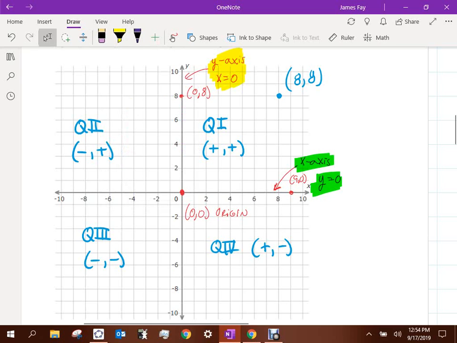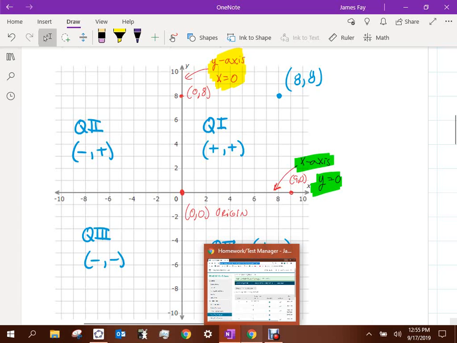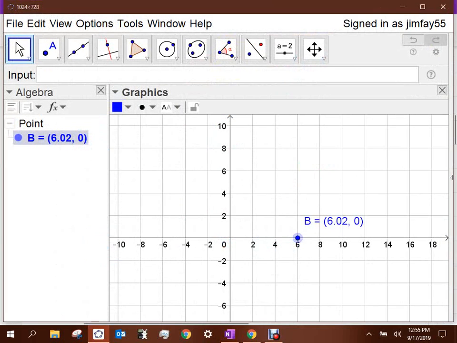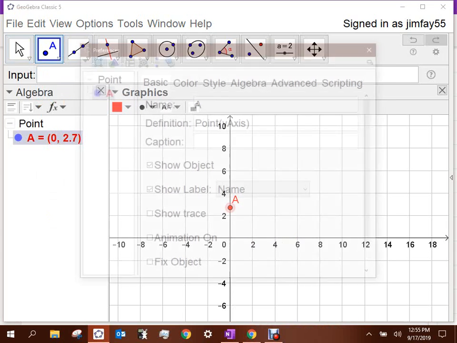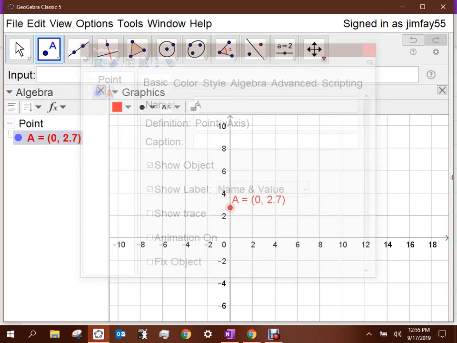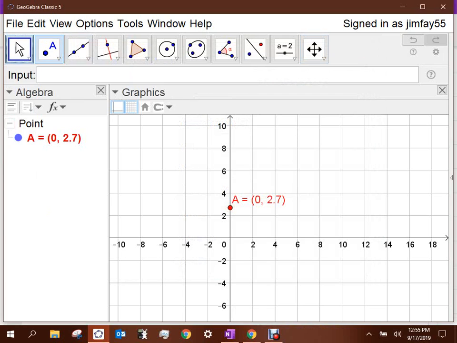If it's the y-axis, then that says that every point that I graph on the y-axis, the x value is 0. Okay, so let's demonstrate that. Okay, so you see point A here, no matter where I slide it, that x value never deviates from 0, right?